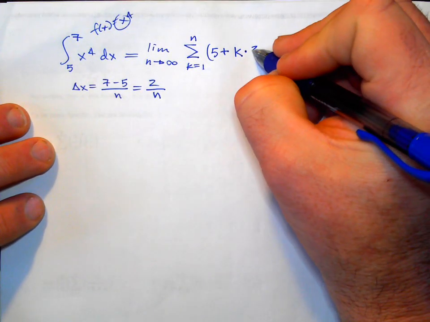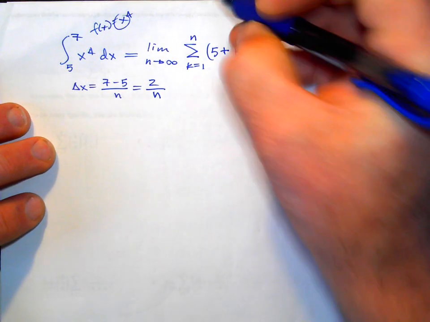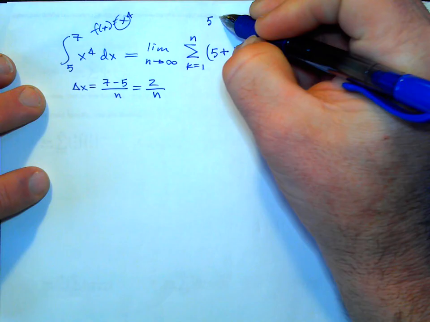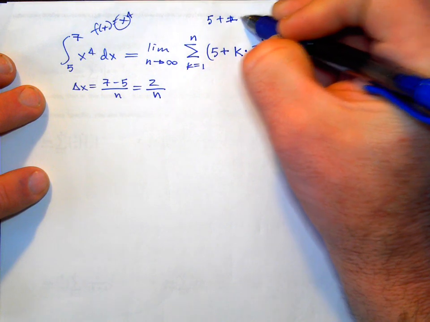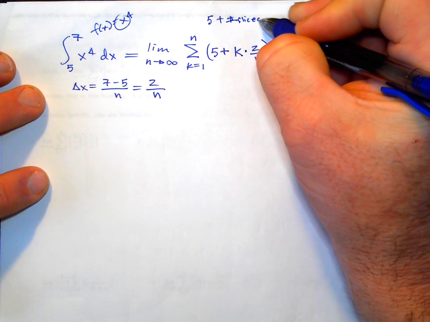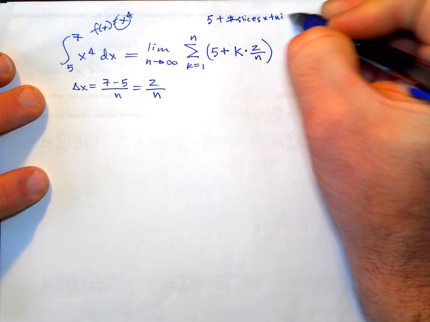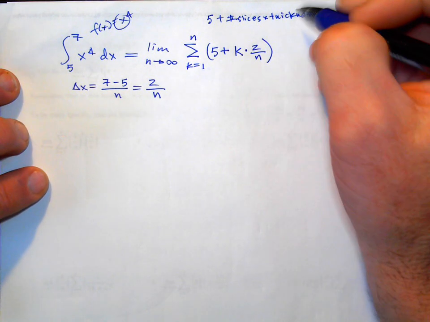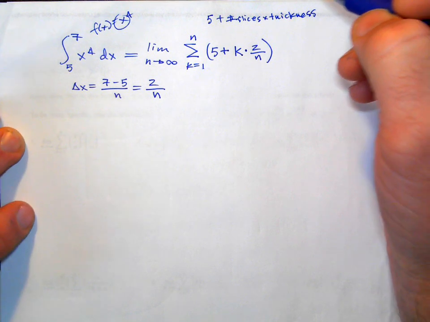Remember, whatever slice we're at, we're starting at the left on 5 plus all the slices times the thickness of each slice. That will give us the x coordinate of whatever slice we're at. The 5th slice, it'll give us the coordinate of the 5th slice.